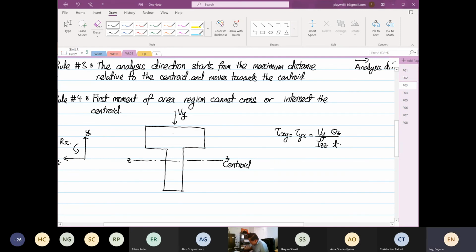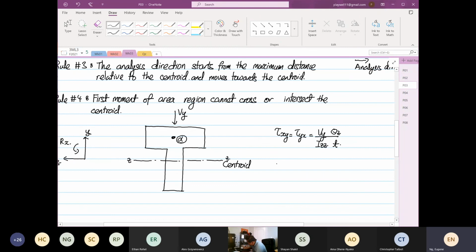If we want to find our stress at this point, which is our alpha point, we have to obey all 4 rules to see how we are going to determine our first moment of area.